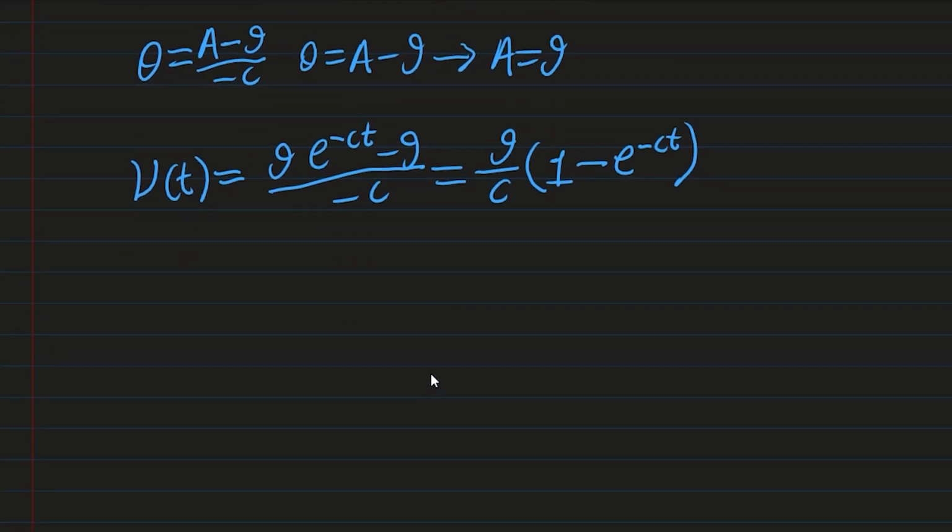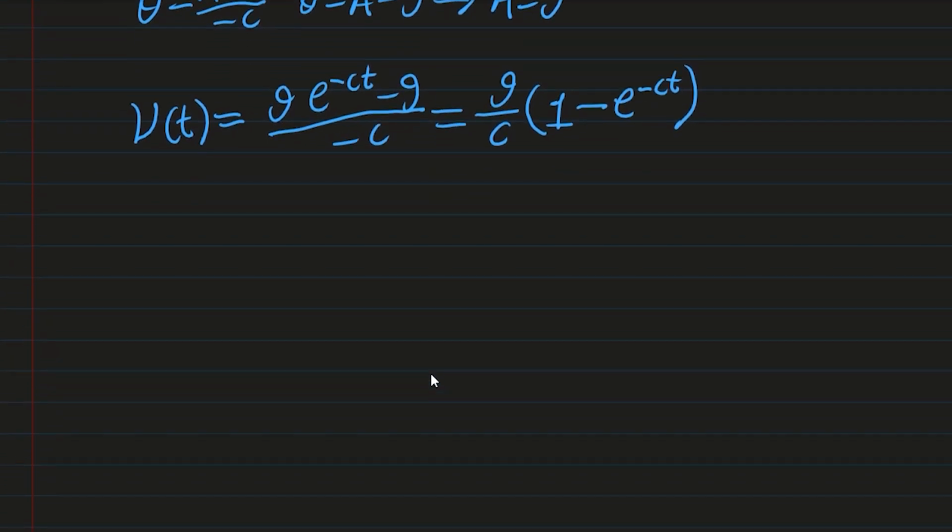So let's rewrite it again just to make it clear that v of t is equal to g over c times 1 minus e to the negative ct.